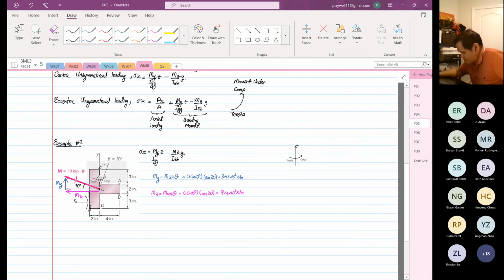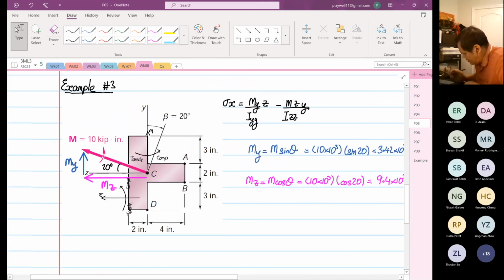Based on Mz, our moment vector is going this way, so we know that this side is compression and this side is tensile. On the other side, for moment about y, this is compression and this is tensile.